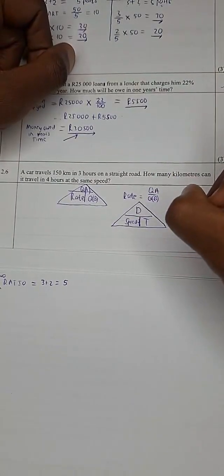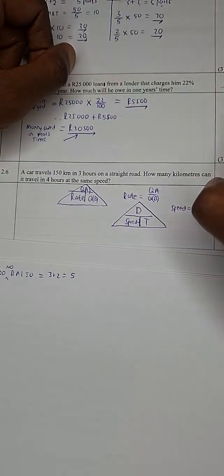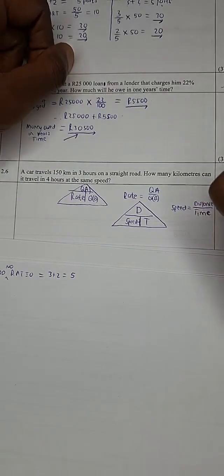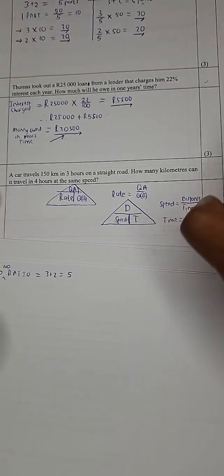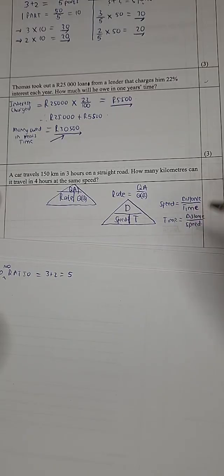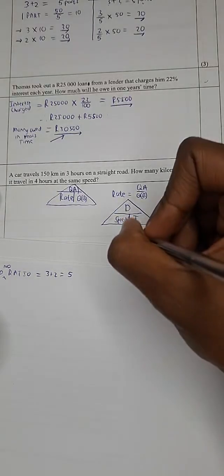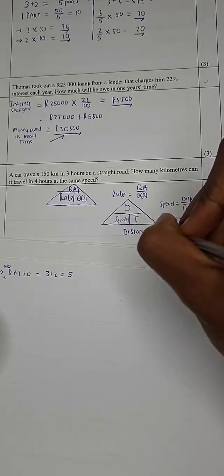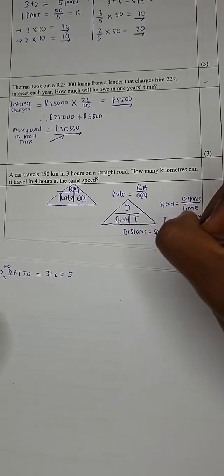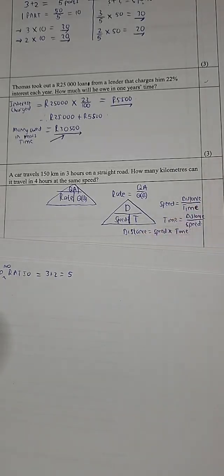So the formula that results for speed is distance over time. If we want to calculate time, we say distance over speed. If we want to calculate distance, we say speed times time.